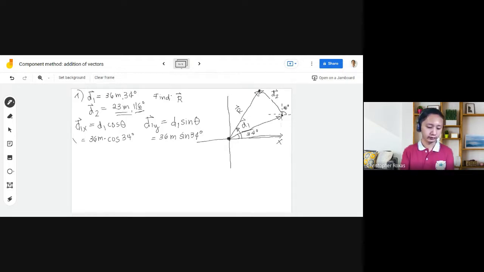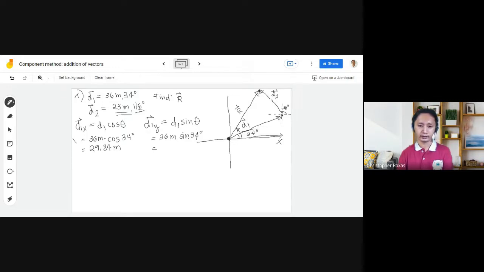Okay, let's compute. 36 times cosine 34. So that is 29.84. We can write the unit already. 29.84 meter. And then 36 times sine 34.